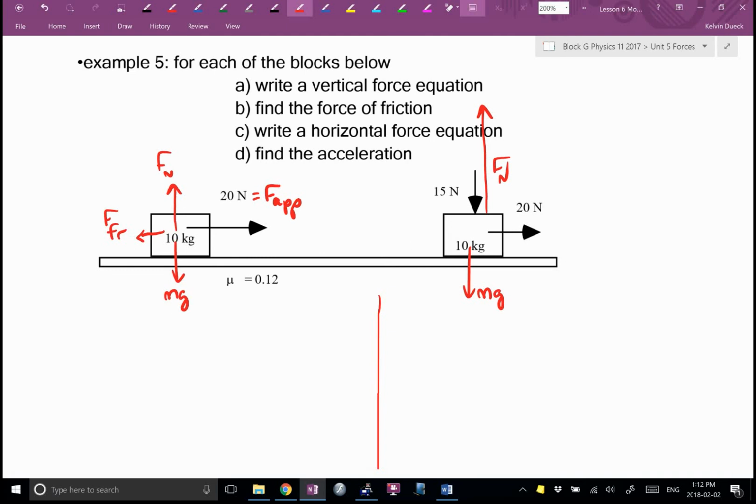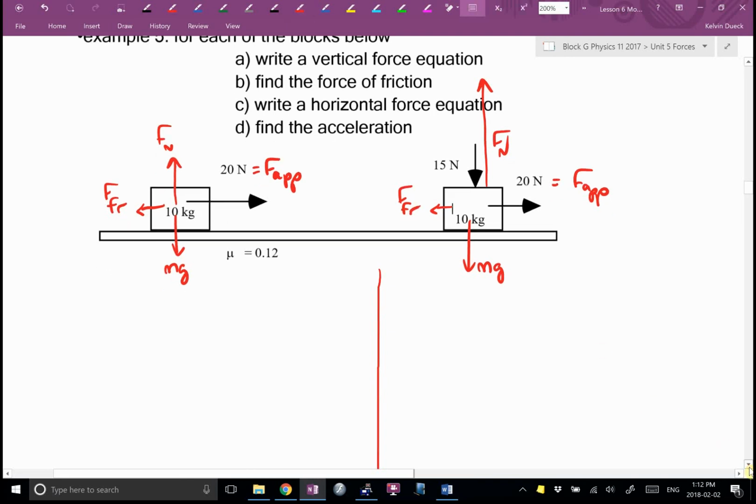What else? Well, we still have this 20 from off the page. Here's the F applied. What else? Yeah, friction. Which way? We're going to do these simultaneously. So I'm going to put a letter A there, put a letter A there.